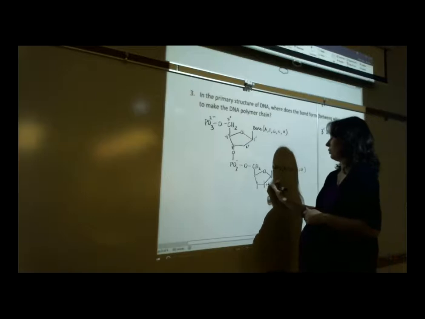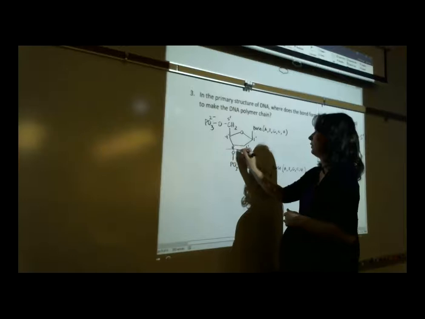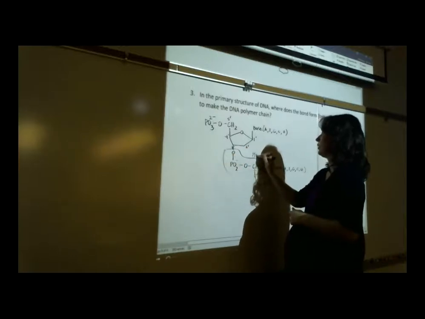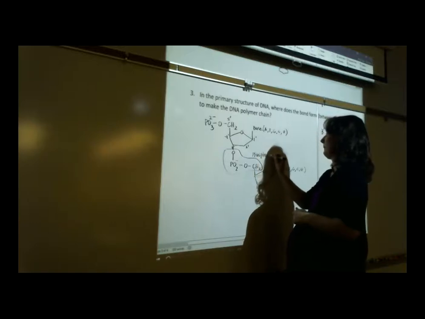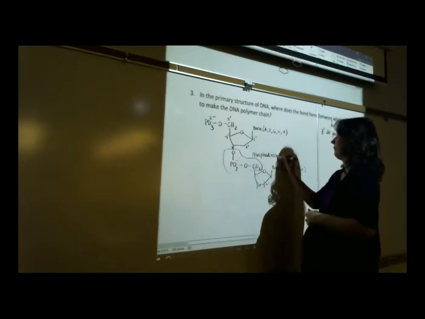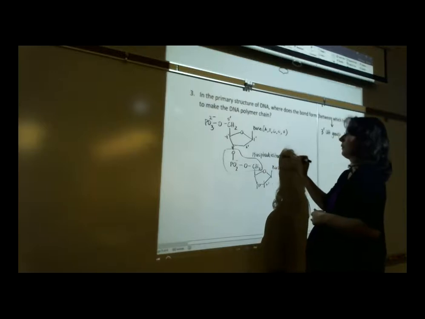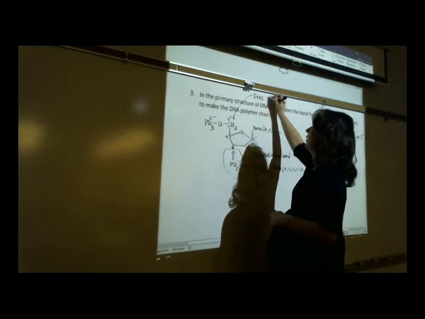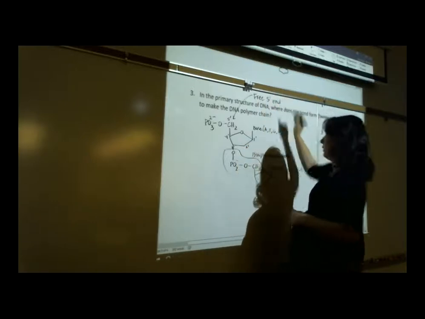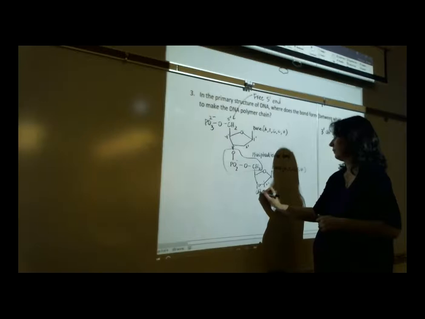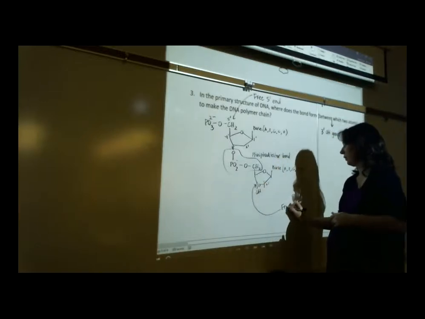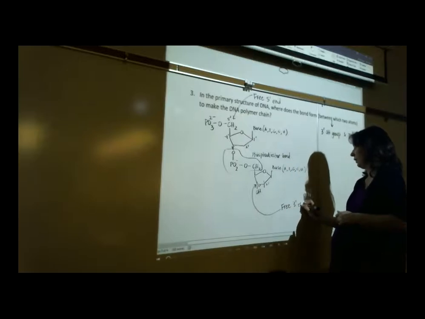And then there's 2 prime, 3 prime. And so this collectively is your phosphodiester bond. And so you've got a free 5 prime end, and then you've got a free 3 prime end.